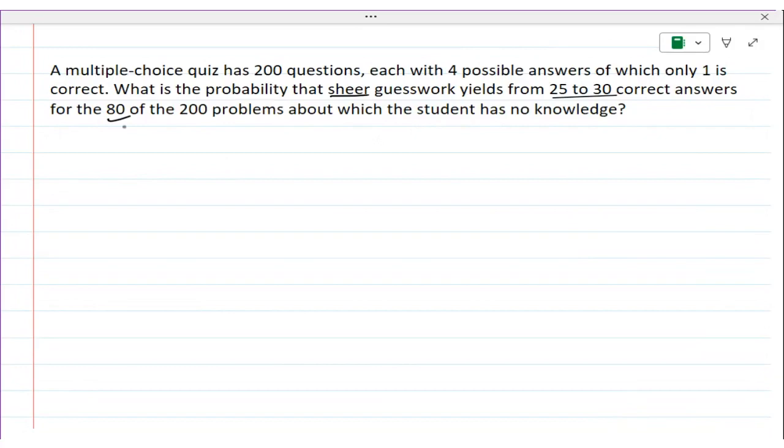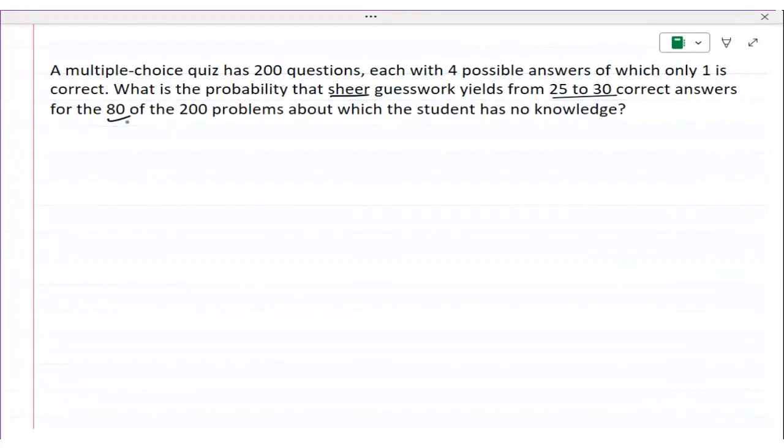So total questions in the quiz are 200. Okay, but the student has done guesswork only in the 80. Okay, and they are asking about out of these 80 questions, what are the chances 25 to 30 will be correct? Okay, so n is equal to 80 here.